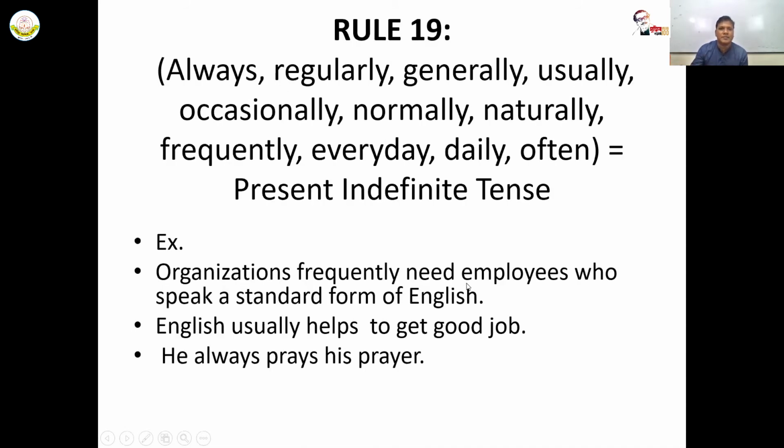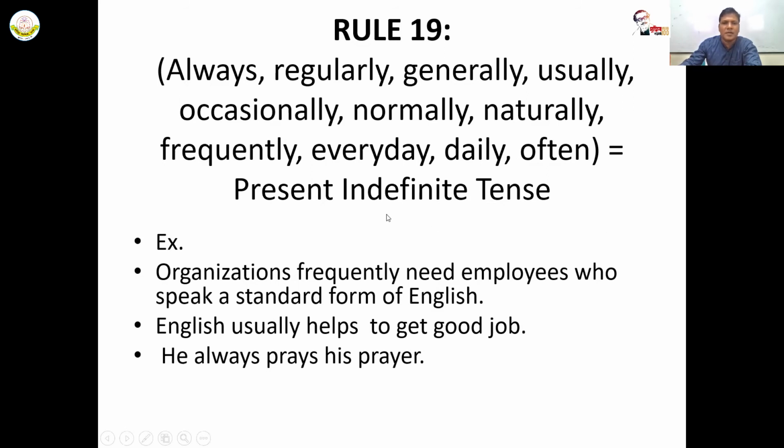Now rule 19. These words are always used in the present indefinite tense, and I hope these are very inclined to it: regularly, generally, usually, occasionally, normally, naturally, frequently, every day, daily, often.